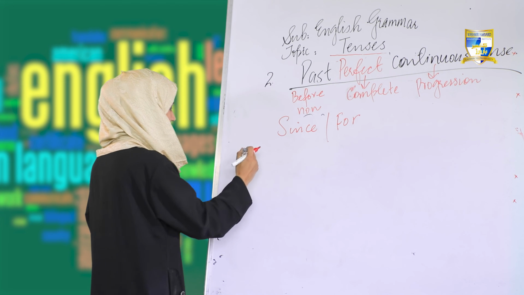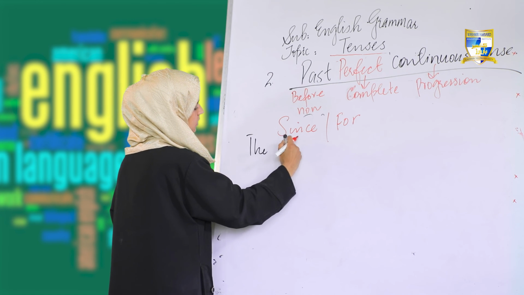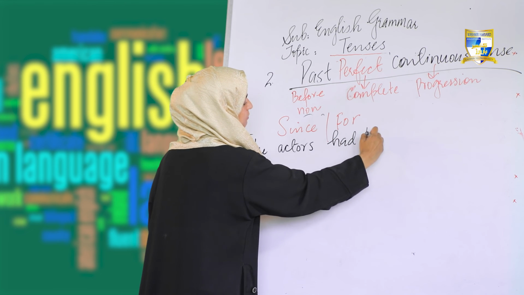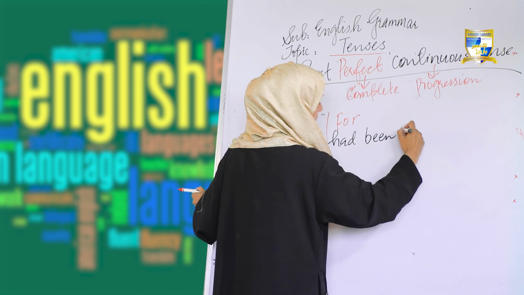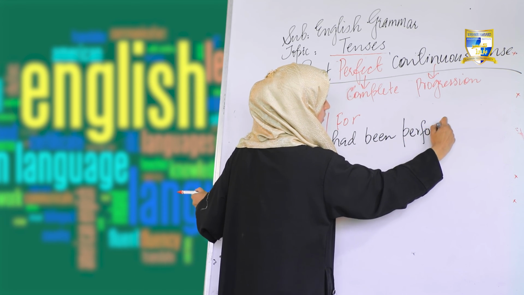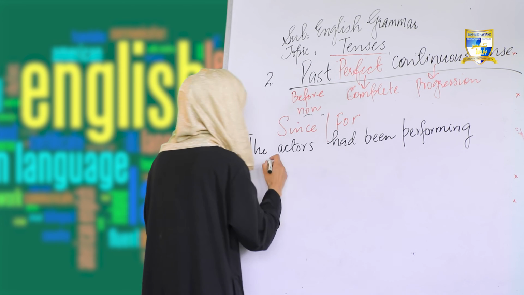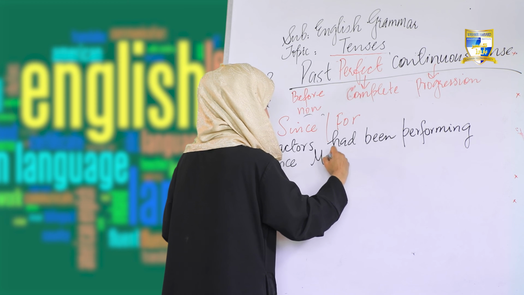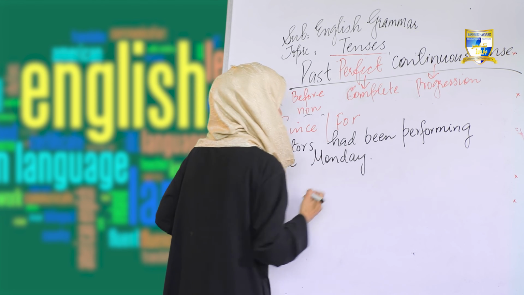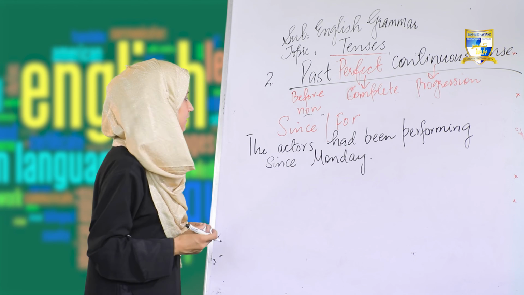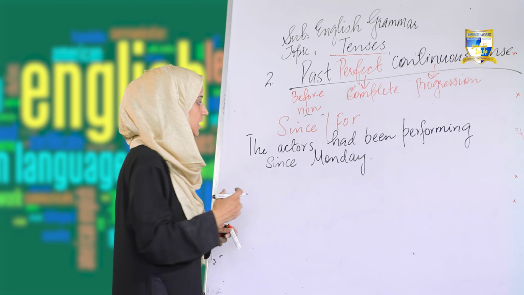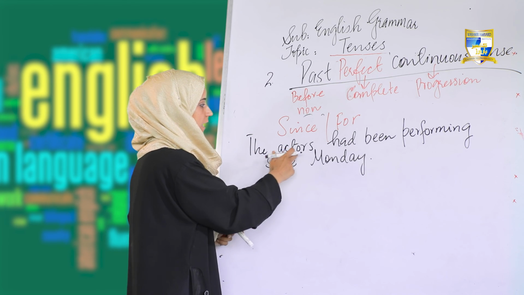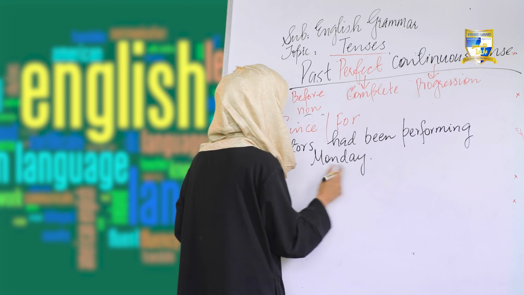For example, the actors had been performing since Monday. Here I'm talking about an action that had started at some time in the past, since Monday, and was still going on.